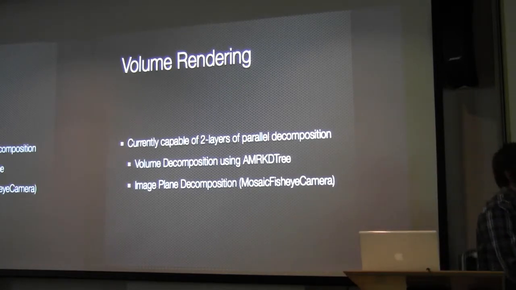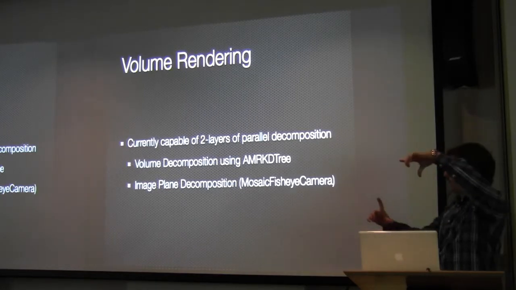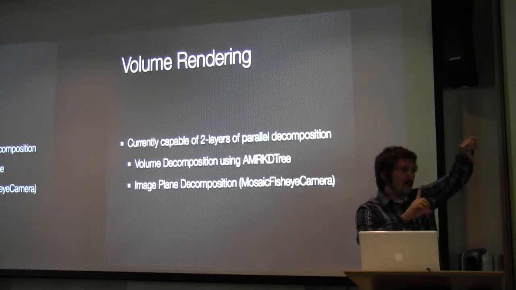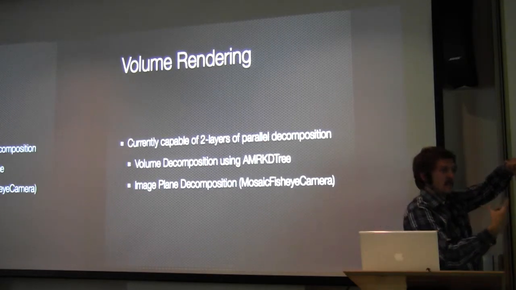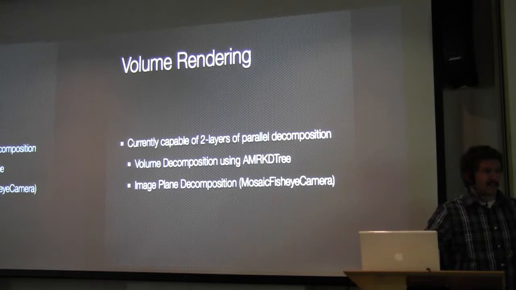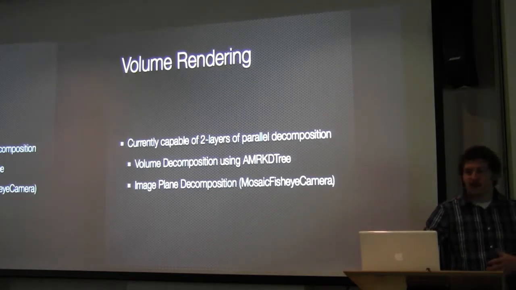Recently, we've developed a way to do image plane decomposition, such that now each image plane itself can have some number of processors working on that piece of the image, and within that, they split up the domain into an AMR-KD tree. And so now you have 2 levels of parallelism that you can get out of this module. That means it gets slightly more complicated, but it allows you to do larger and larger renders of larger and larger data.